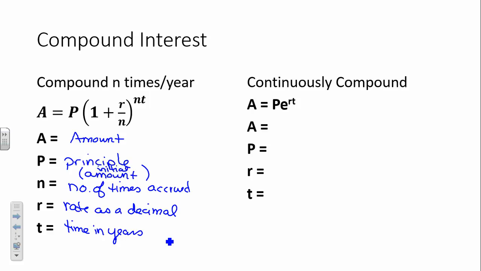If we're compounding continuously, A is still your amount at any time t. P is still your principal, your initial amount that you borrowed or loaned. R is still your rate as a decimal, not a percent. And T is still your time in years.